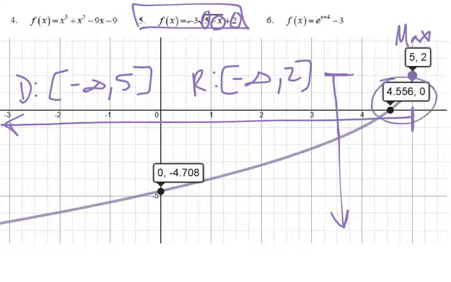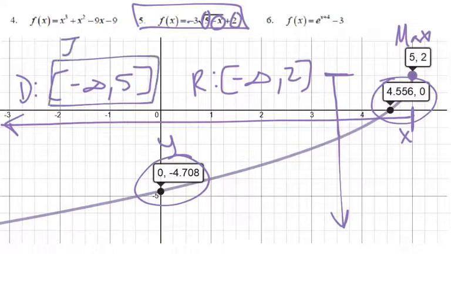One x-intercept at 4.556, one y-intercept at 0, negative 4.708. And it's always increasing, so the increasing would be the same as the domain. And decreasing doesn't happen.